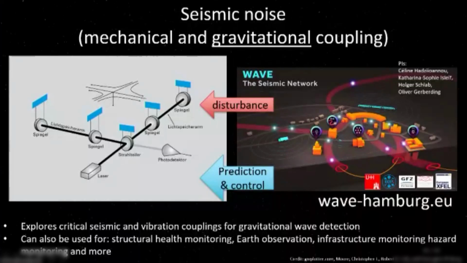And one very quick project I would like to point you to is the seismic network, which is initiated by some colleagues listed here. It is a project associated to the cluster, but really run as an independent network, providing measurement of seismic noise, seismic motion in the region of Bahrenfeld.